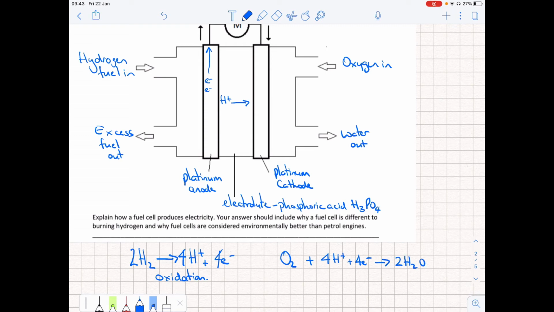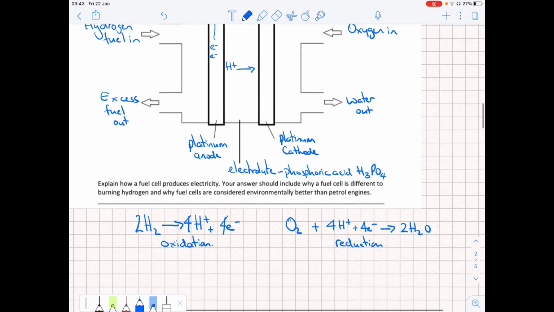Now I'm balancing this as I go to show you what goes on. So there's the hydrogen ions that have come across. Here's the electrons. Remember, these electrons are part of the circuit that's moving this way, and this is forming water, and we know this reaction forms water. Because the oxygen is gaining electrons, this process here is reduction.